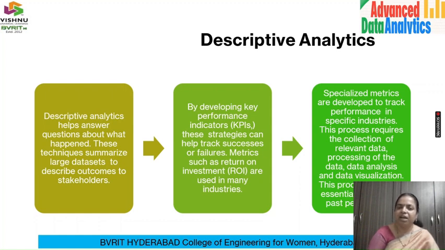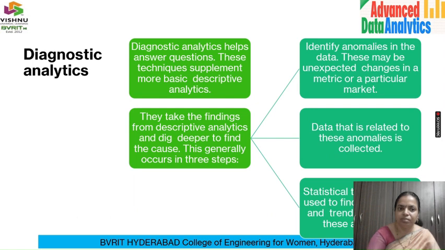Here we use different types of metrics to find performance information and other information for different industries. So here we process the data, get analysis results, and represent the data as data visualizations and reports. Next is diagnostic analytics.